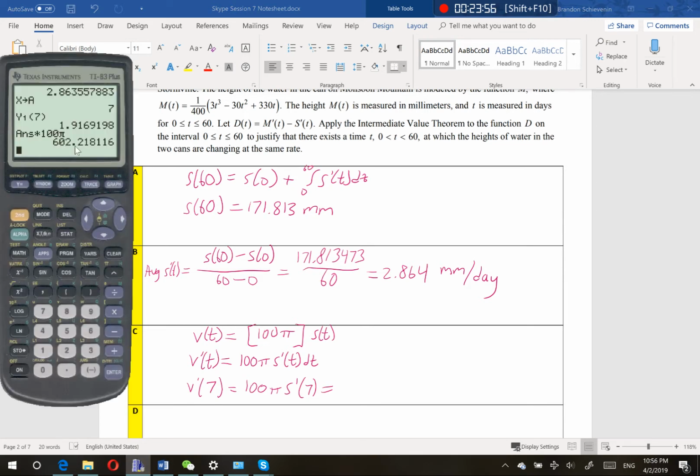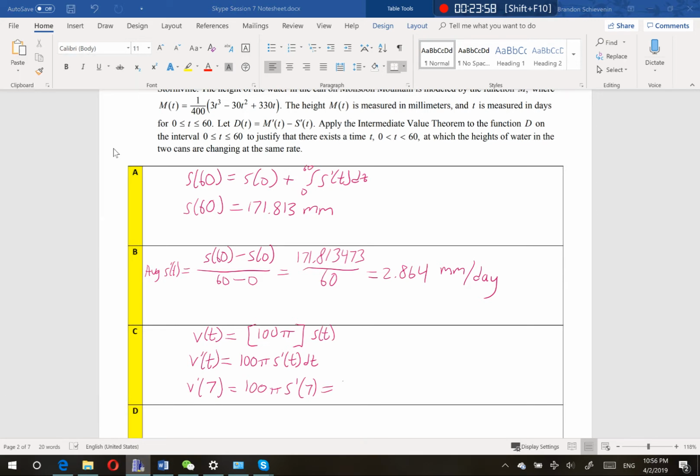So that was 602.218. What are my units? Cubic millimeters per day. Perfect. So cubic millimeters per day is my change in volume over time.